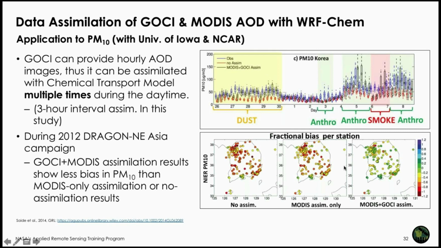Compared to the MODIS-only data assimilation, the GOCI plus MODIS result shows less bias over all sites, like the green colors. It means that multiple-times assimilation is very useful to improve the chemical transport model accuracy.